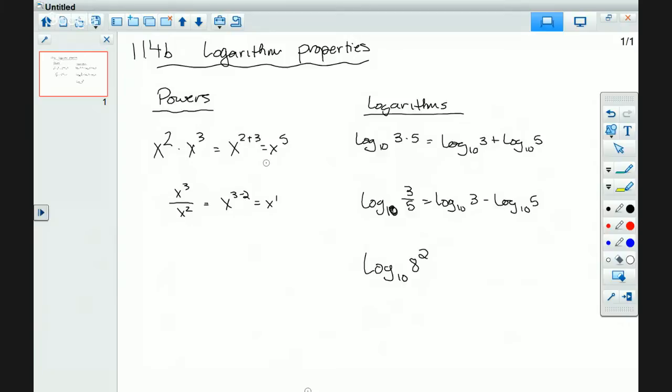So the nice thing about this is you can actually bring the two out front. Do I want to show you why that works? Yeah, it's a little involved. Okay, so we'll just avoid it and know that this works. You can take an exponent and bring it out front, or you can have a number out front and make it an exponent. We will use it both ways. It's just helpful in simplifying problems sometimes.